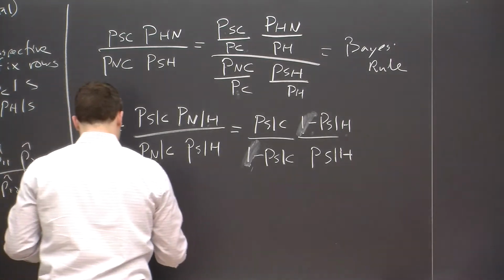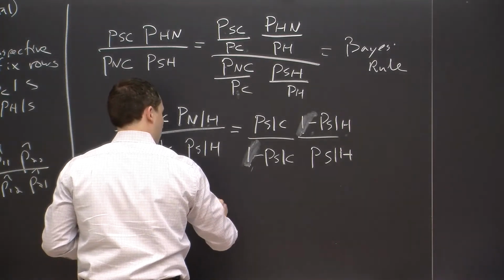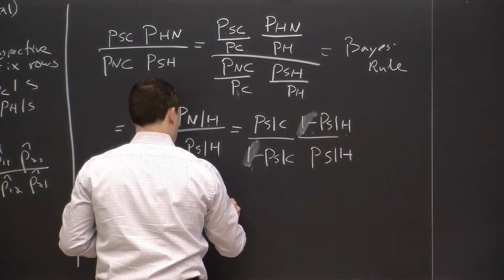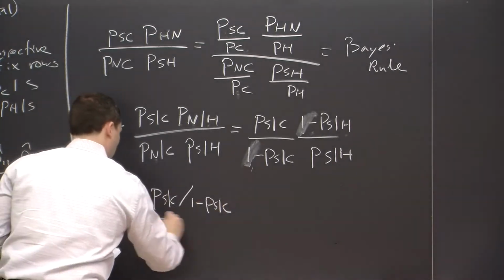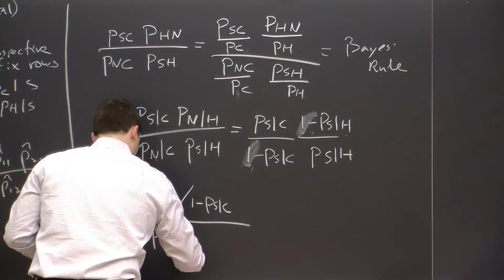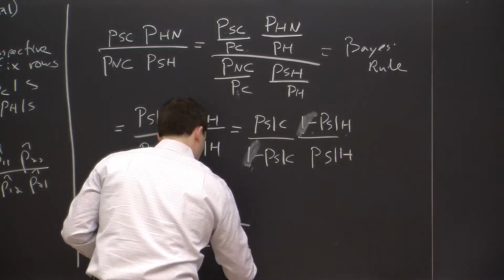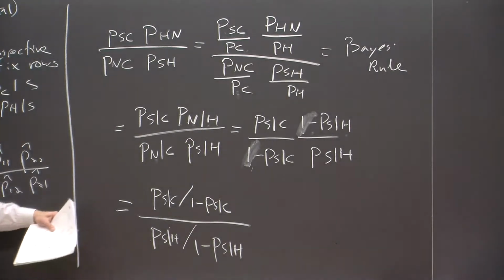And then I can slightly rearrange that to get probability of smoking given cancer divided by 1 minus probability of smoking given cancer, over probability of smoking given healthy divided by 1 minus probability of smoking given healthy. Okay, so that's the odds ratio.